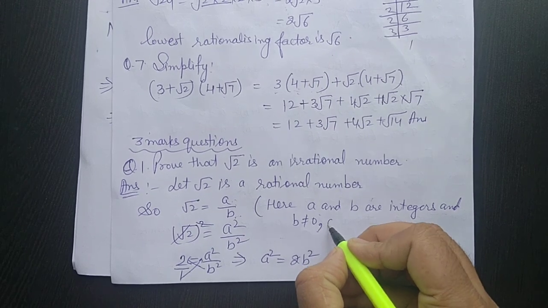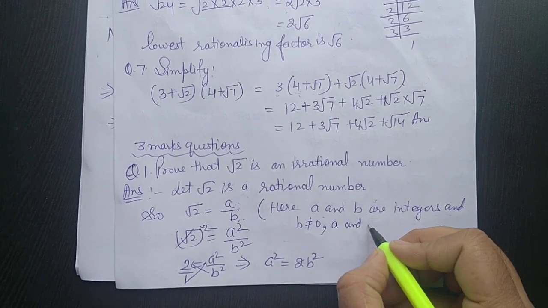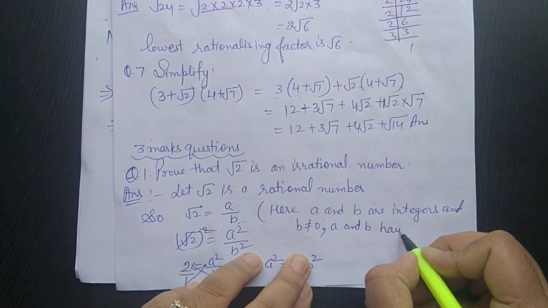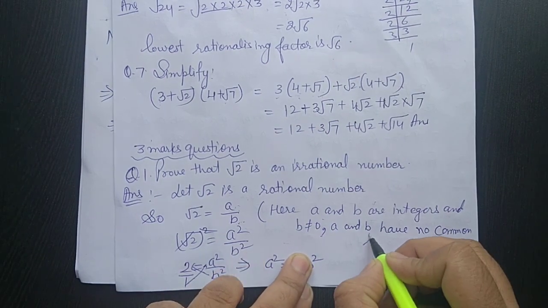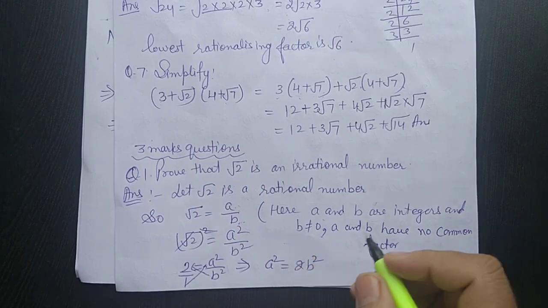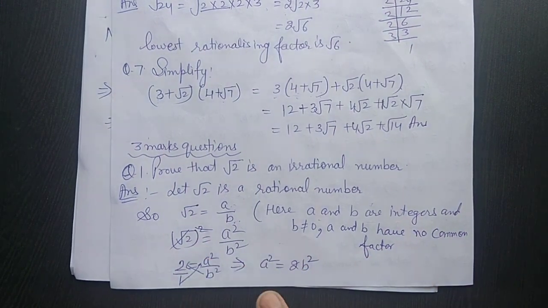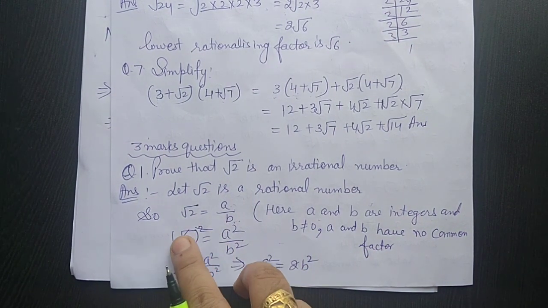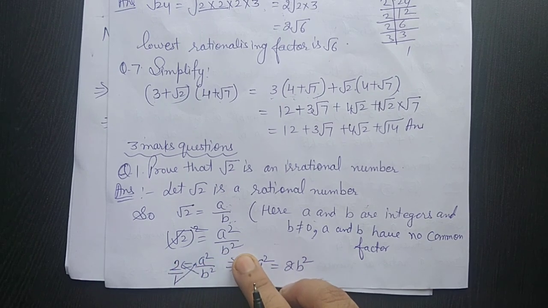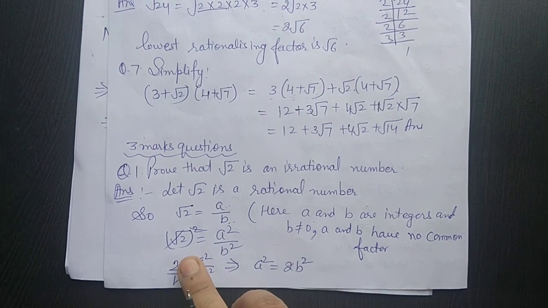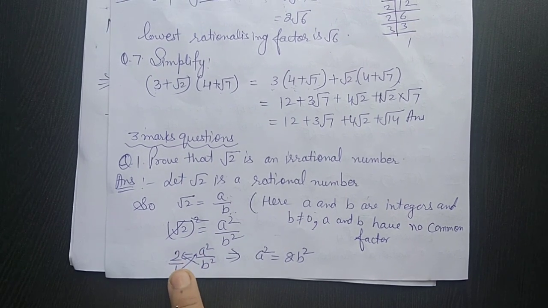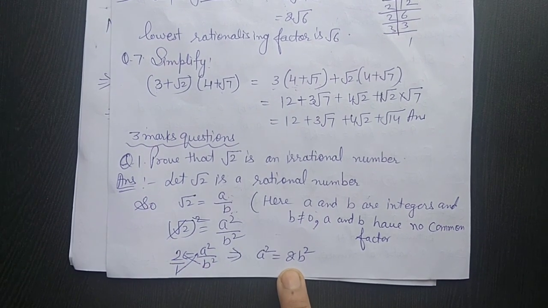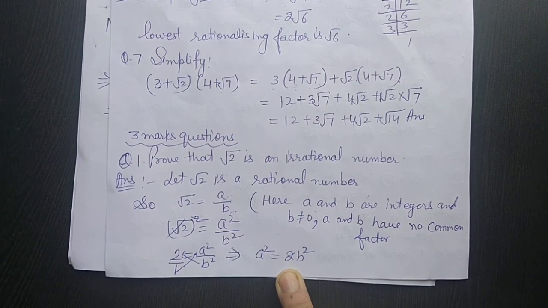Now square both sides: square root 2 squared is 2, and a square upon b square is left. By cross multiplying we get a square is equal to 2b square.